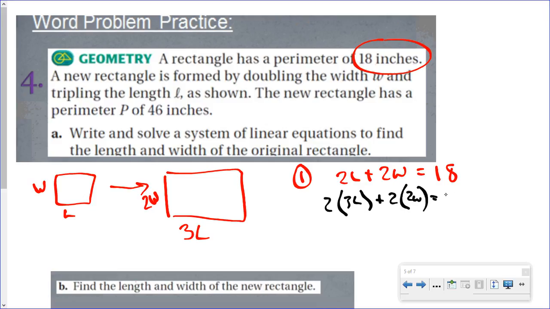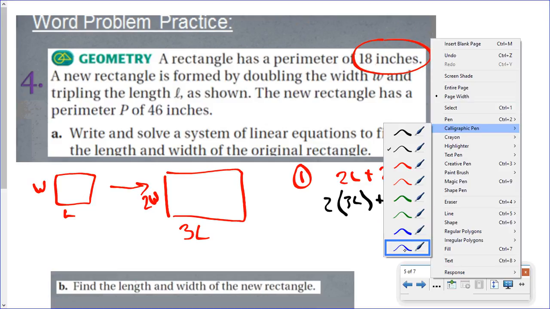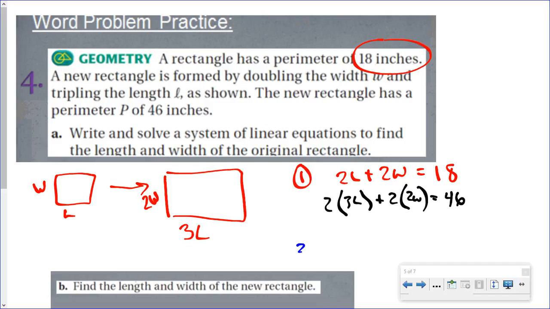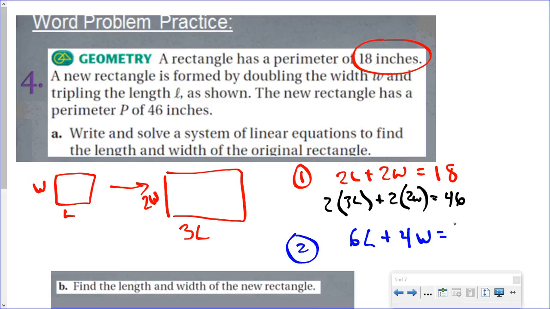And in the end, that's supposed to equal 46. So my second rectangle's equation is going to be 6L plus 4W equals 46.